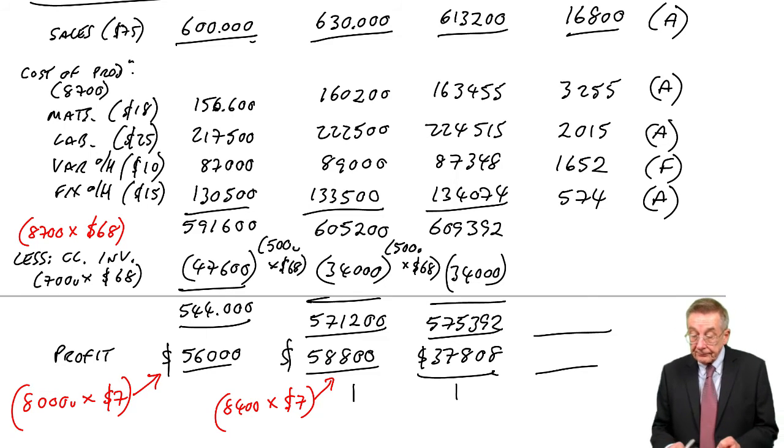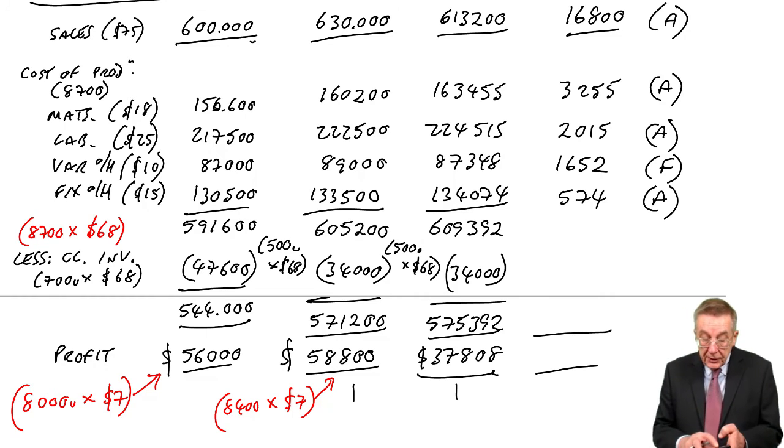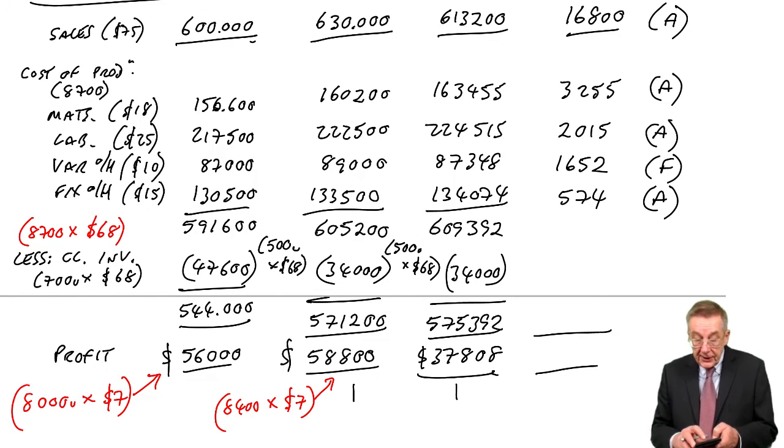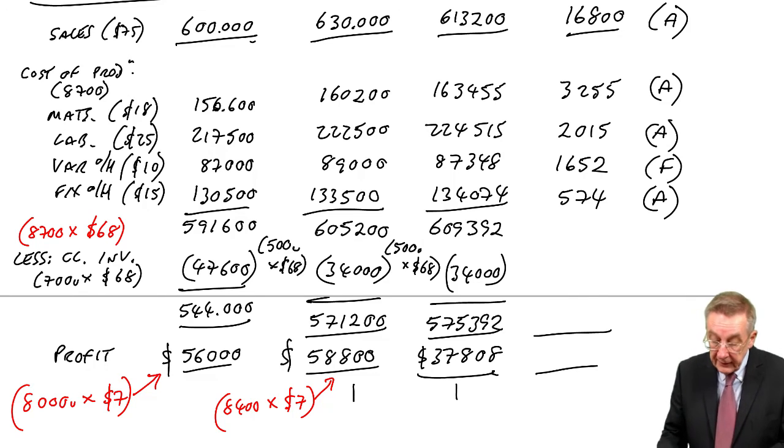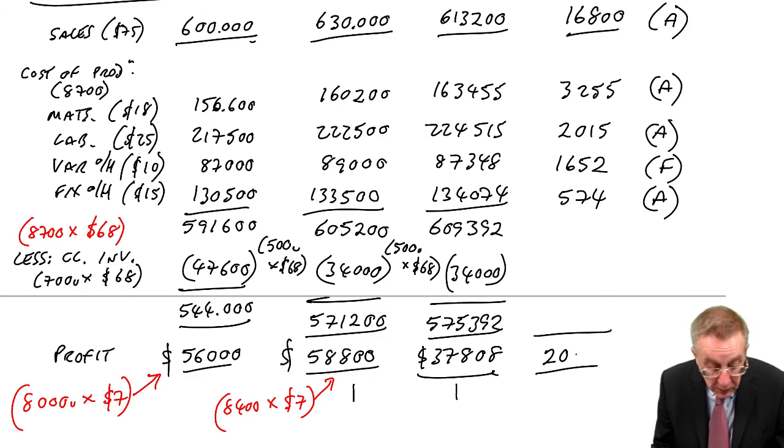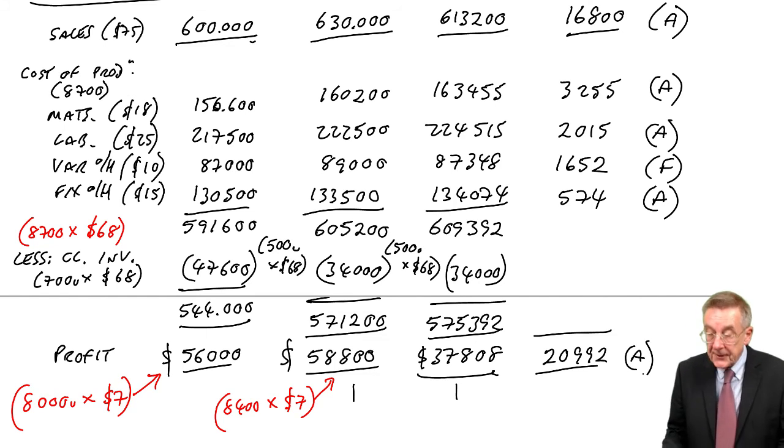So let's check. It was 16,800 adverse, another 3,255 adverse, another 2,015 adverse, less 1,652 favourable, plus another 574 adverse. I get a total of 2,992 adverse.